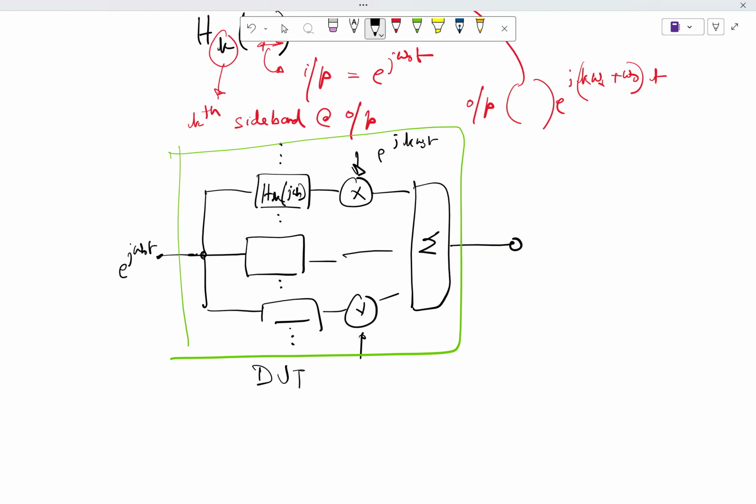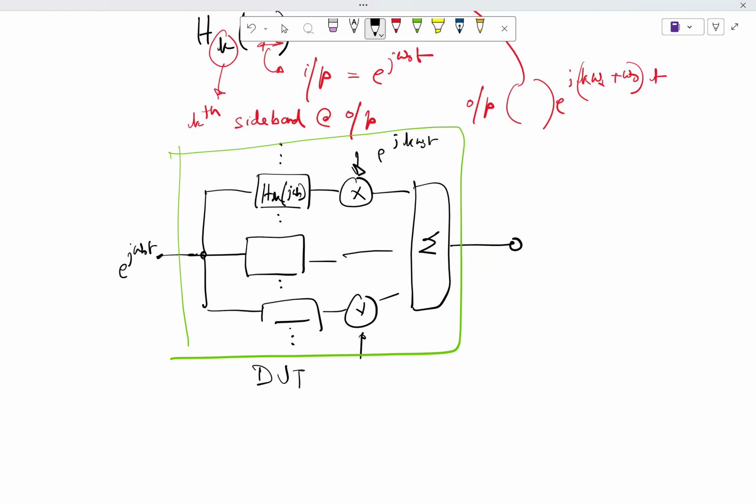It's an LPDB network. You have access to input and you have access to the output. How are you going to find Hk of j omega naught? I want the output to comprise only Hk of j omega naught. Multiplied by something is okay, but no other sideband should come. So what should I do?